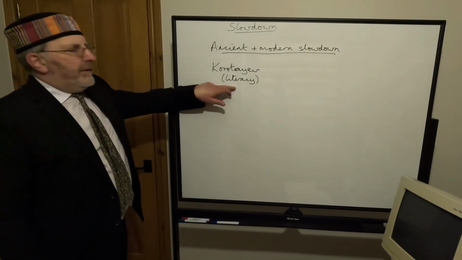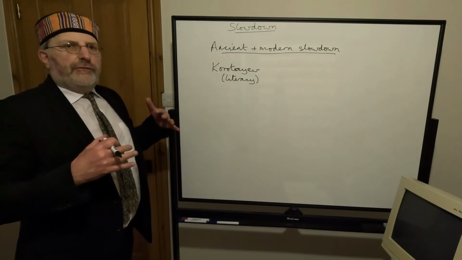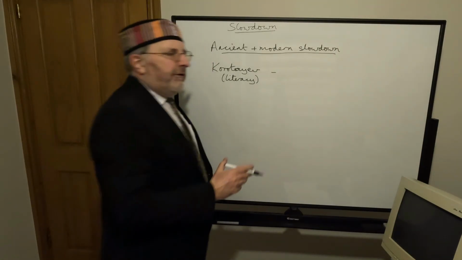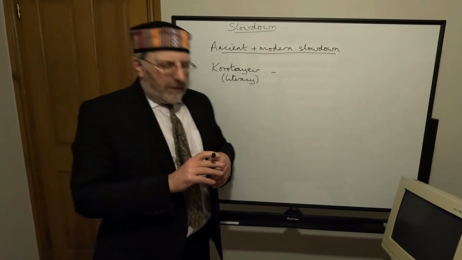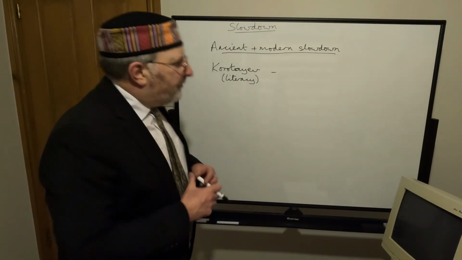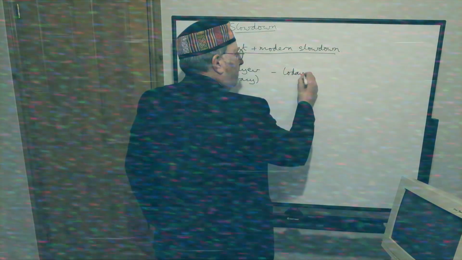Their explanation in terms of literacy applies to today, but not to the past slowdown. So they insist that today's slowdown is very different from slowdowns that have occurred in the past. They say that today's slowdown is a new phenomenon.